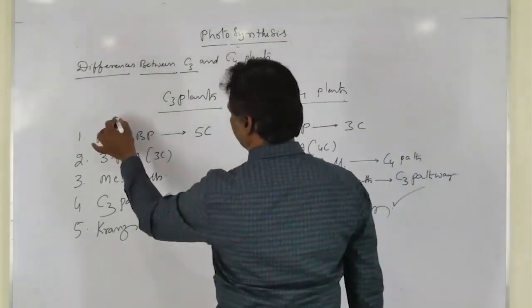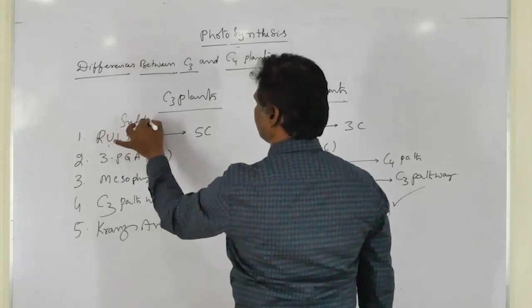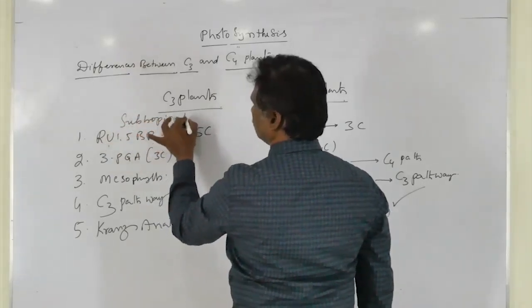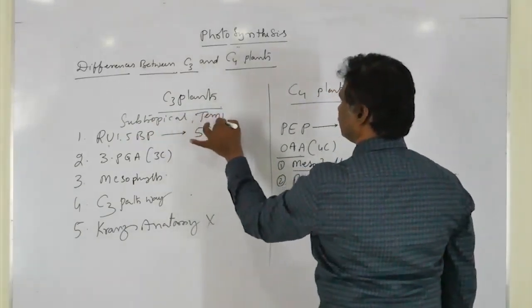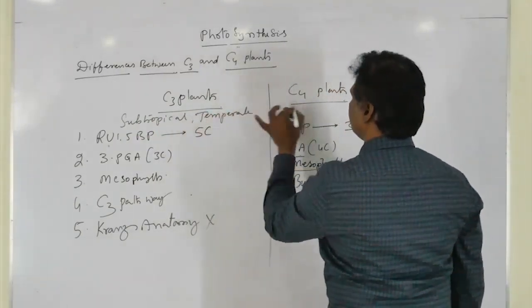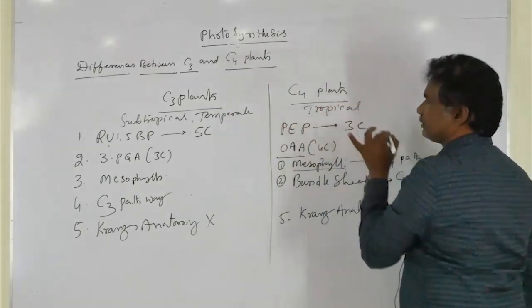C3 plants are generally present in subtropical and also temperate regions, but C4 plants are highly active in tropical regions.